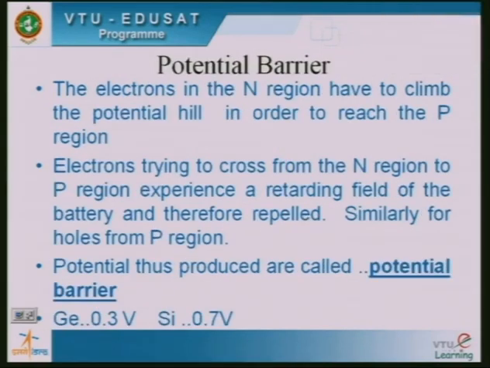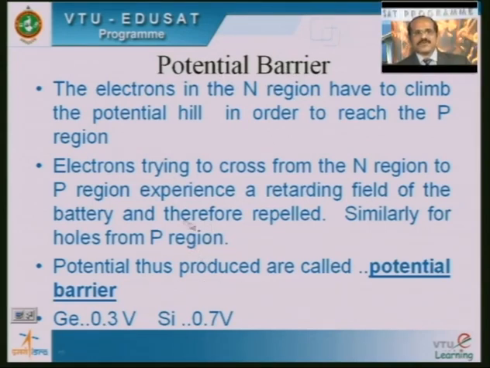This depletion layer gives rise to one more term called the potential barrier. The electrons in the N region have to climb this potential hill in order to reach the P region.